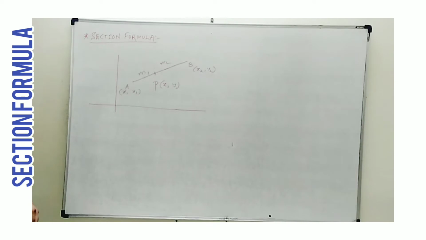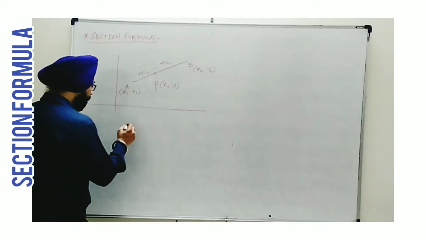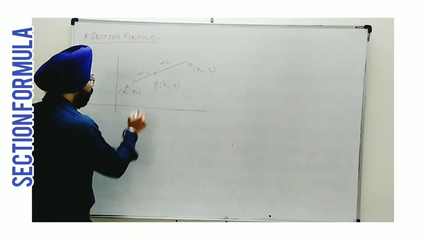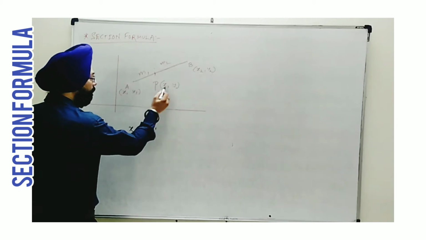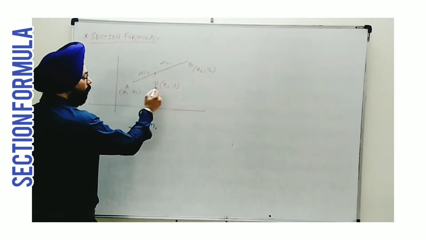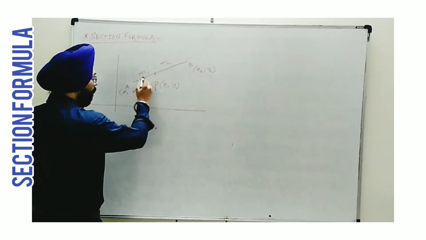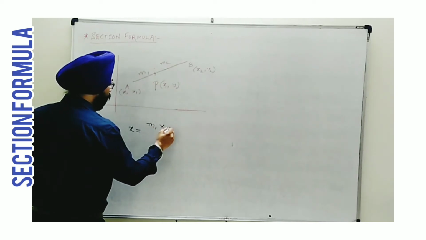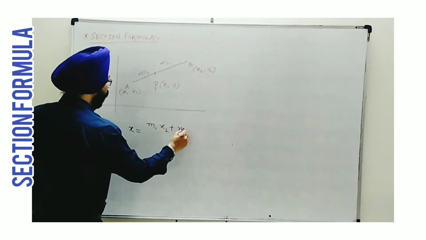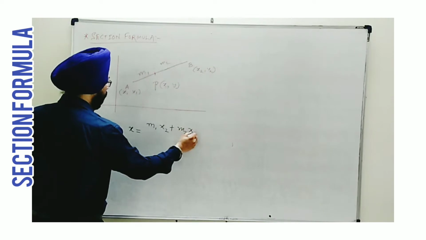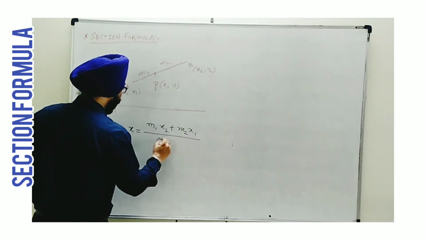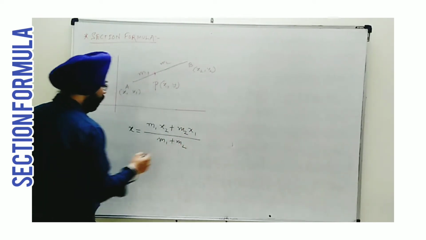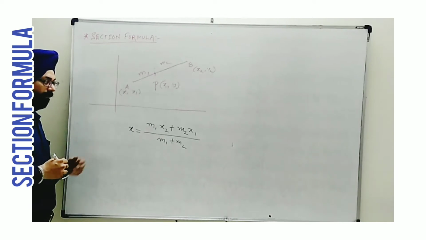Using the section formula, we write x is equal to m1 x2 plus m2 x1 upon m1 plus m2. This x is the abscissa of P. You see what is done here?